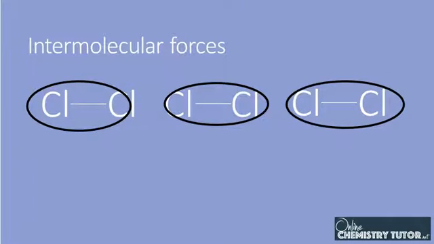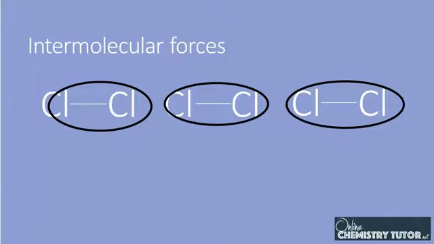If just for a fraction of a second, the electron density on this left-hand molecule has moved away from the atom on the left and towards the atom on the right, we do actually form a dipole, where the atom on the right-hand side of the left-hand molecule will have a delta minus charge, and the atom on the left will have a delta plus charge. The result of that is that the molecule to the right, its electron density will be repelled.